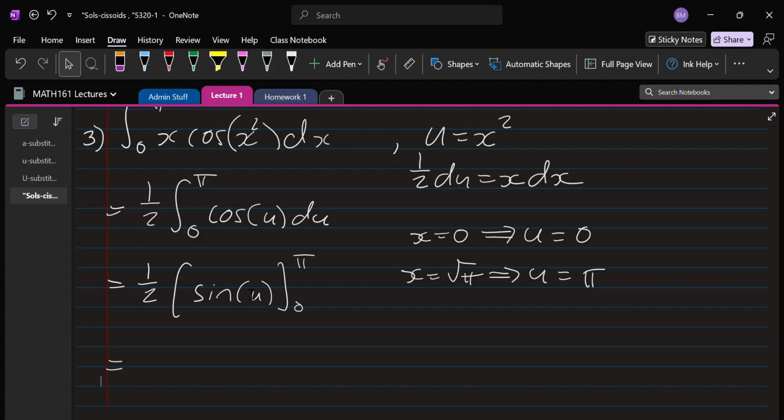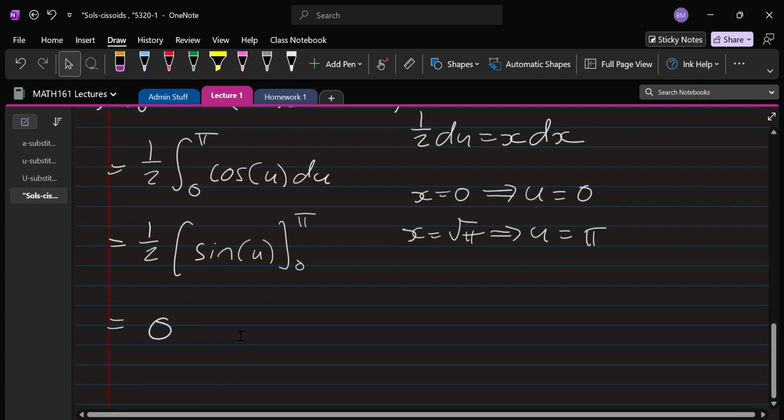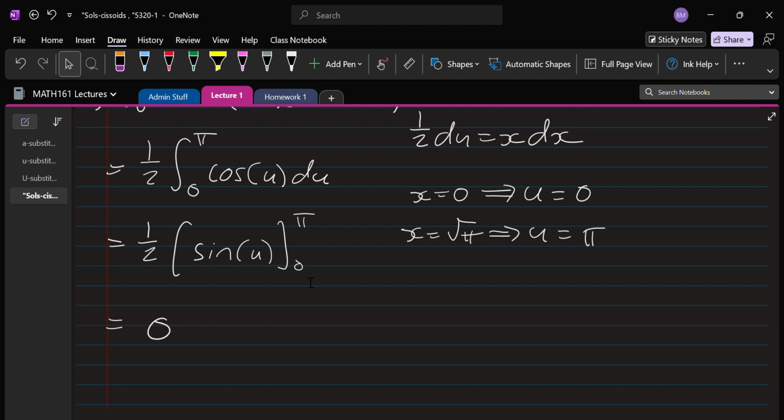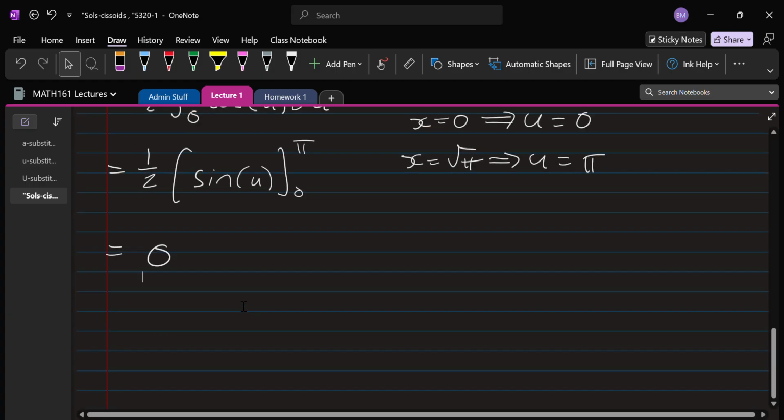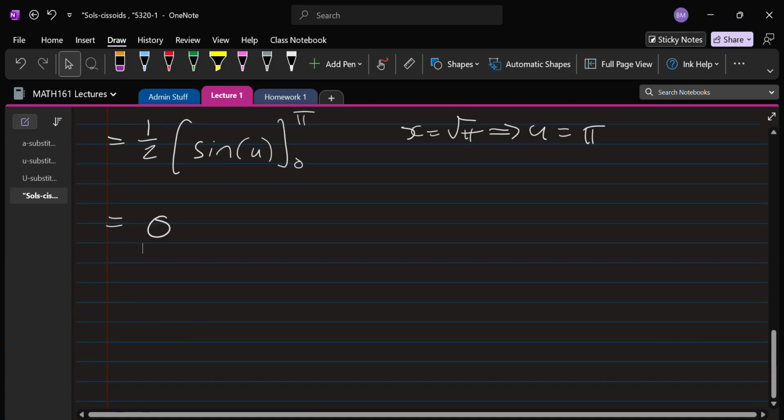Sine of 0 is 0, sine of pi, it goes like this in the middle, 0. 0 minus 0, 0. Please remember your special angles there. Sine of 0, sine of pi over 3, pi over 6. It helps getting the answer quicker instead of going on your calculator.